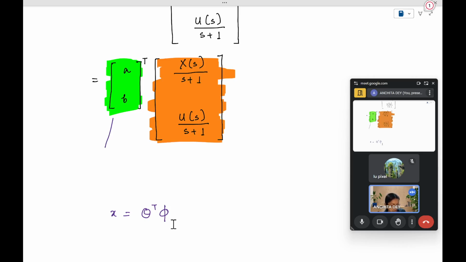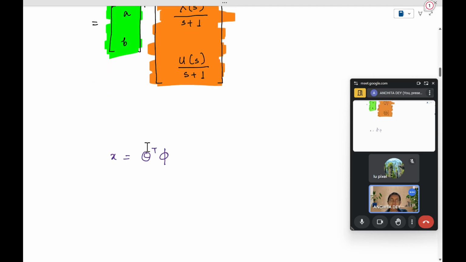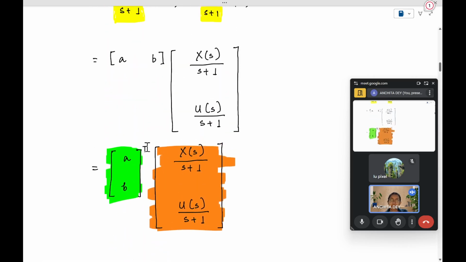So this is your theta and this is your phi. Then you can accordingly do the remaining thing to see which one would be the solution. I hope this was clear.